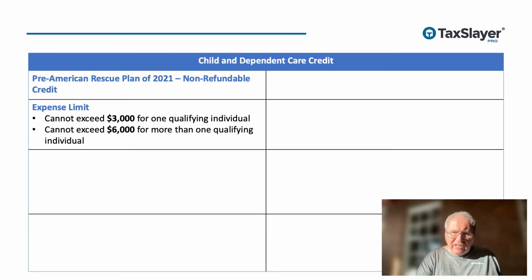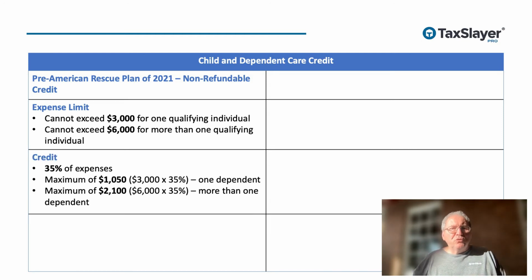The amount of credit itself was 35% of what you paid. So the maximum credit that you could get for one child would be $1,050. For 2 or more, it would be $2,100. That would be the absolute maximum.